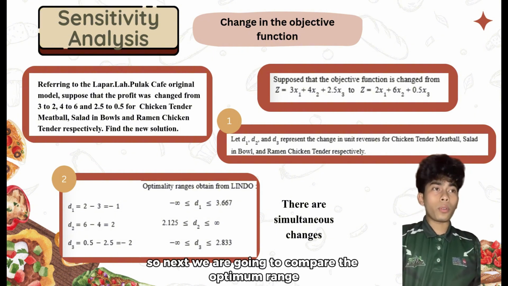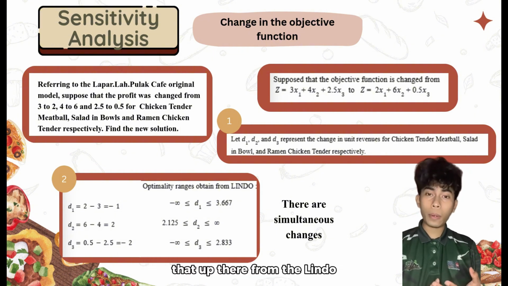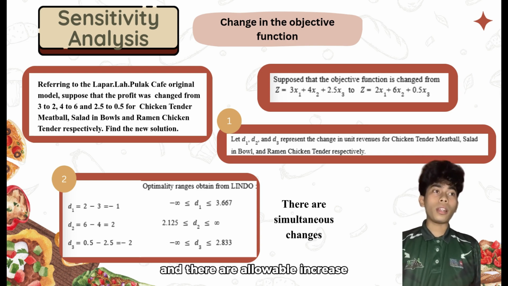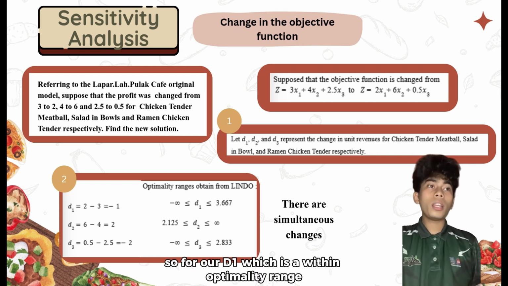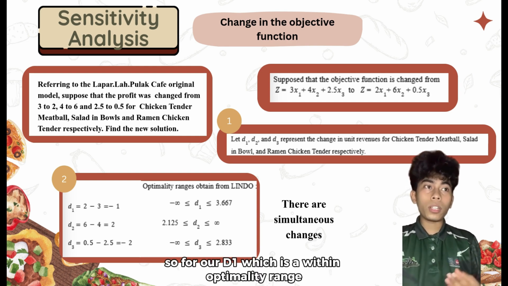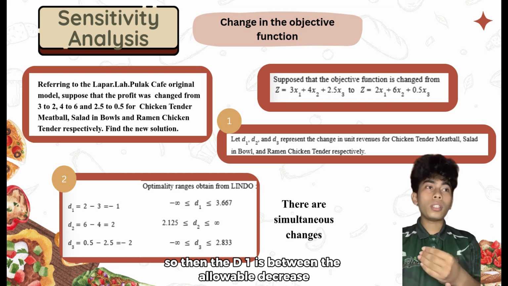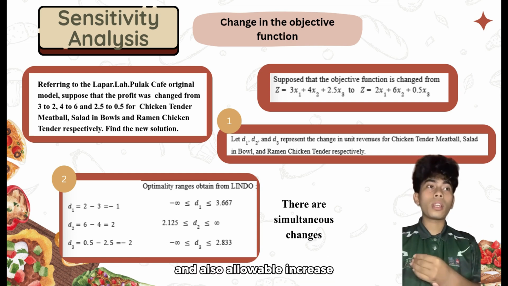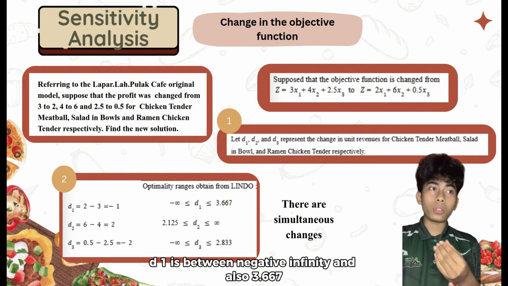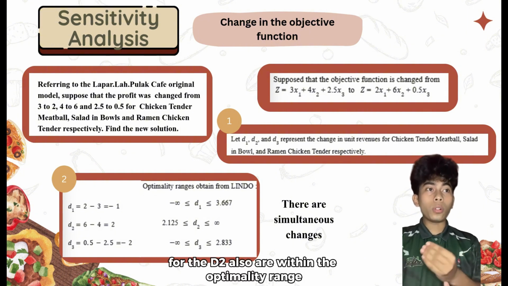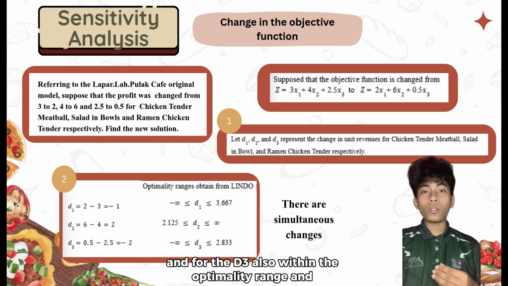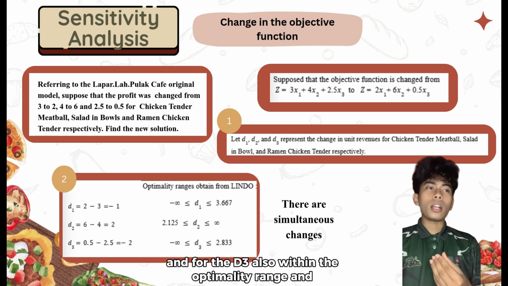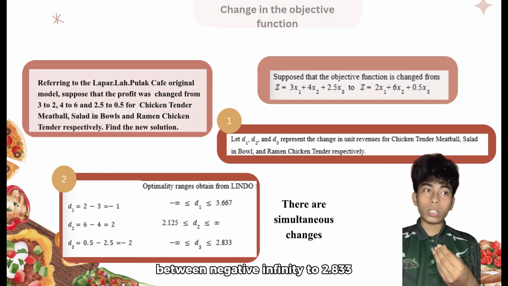Next, we are going to compare with the optimality range obtained from Lindo. As we can see from Lindo, there are the allowable increase and also allowable decrease. For D1, it is within the optimality range, between negative infinity and 3.67. D2 is also within the optimality range, between 2.125 and infinity. And D3 is also within the optimality range, between negative infinity and 2.833.